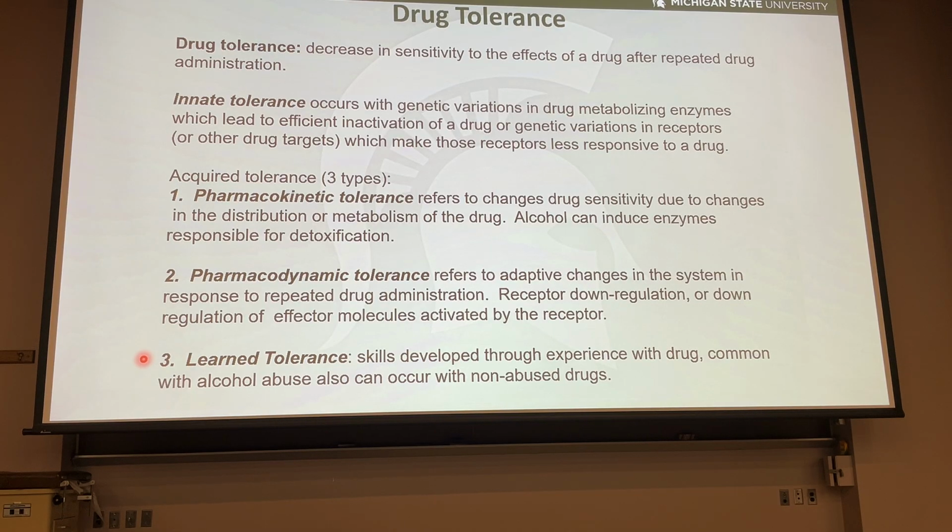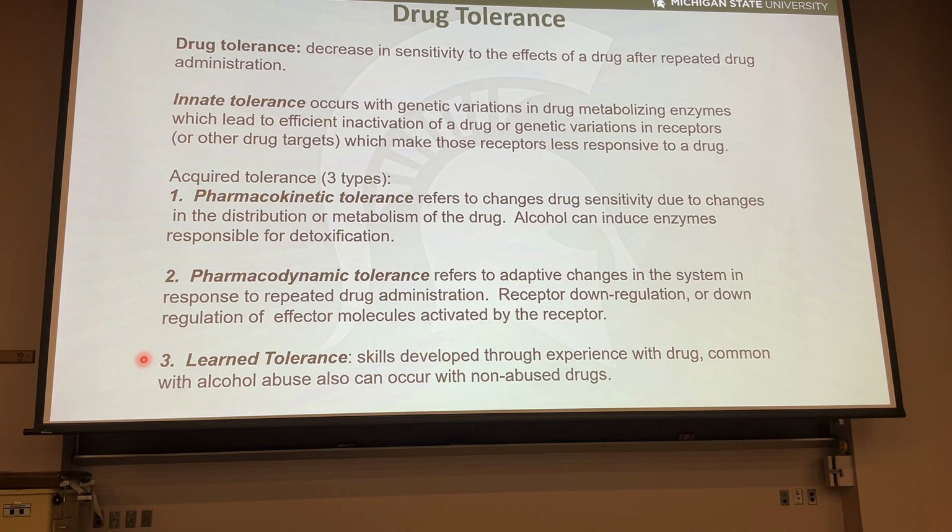We'll get into all that when we talk about alcohol, but this is just an example of learned tolerance. Skills that you pick up that help you deal with the inebriation so that you seem more sober, if you will, okay? These are 3 different types of acquired tolerance, and they can all happen at the same time.